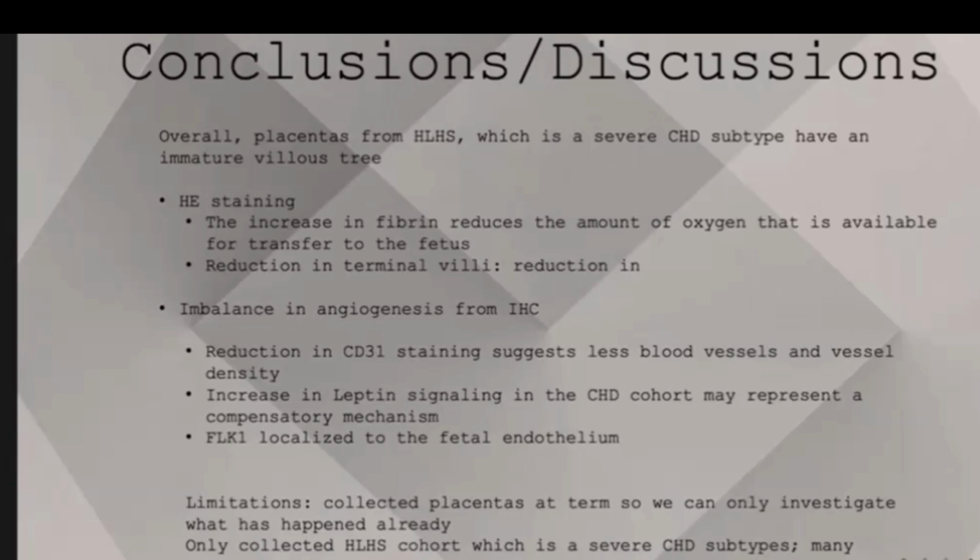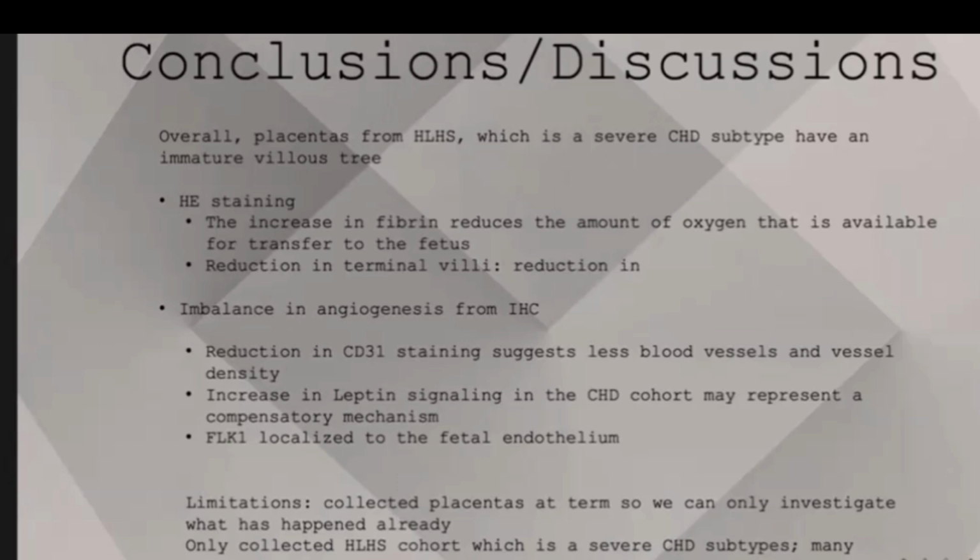There are other subtle CHD subtypes that they could potentially include, like septal defects, where there are a lot more patients that they can include in the study, and they could potentially have these similar abnormalities in the placenta. I don't know how long it took them to collect these placentas, but since it's rare, I'm pretty sure it took them a while.